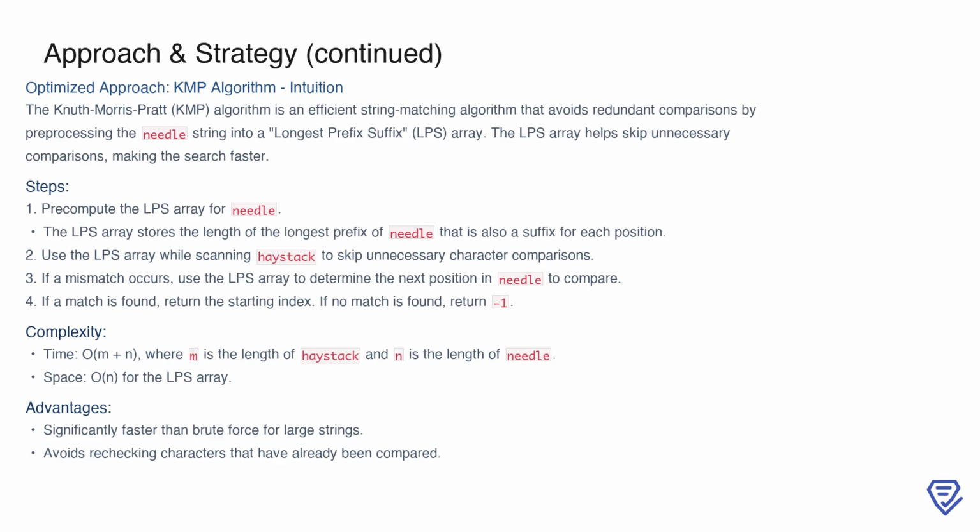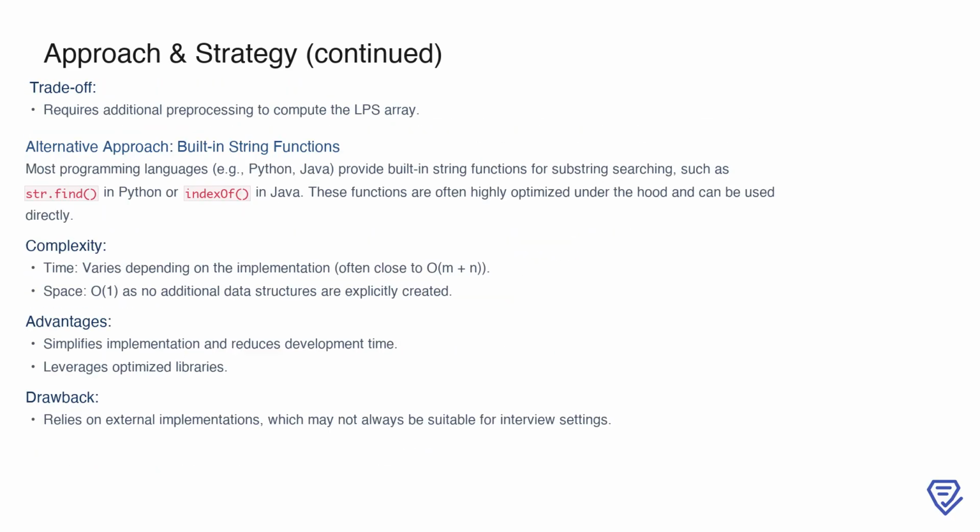The KMP algorithm achieves a time complexity of O(m+n), where m is the length of haystack and n is the length of needle, as it avoids rechecking characters. While it requires additional pre-processing to compute the LPS array, the benefits in terms of efficiency make it particularly valuable for larger inputs. One trade-off to consider with KMP is the pre-processing step required to compute the LPS array, which adds a small upfront cost.